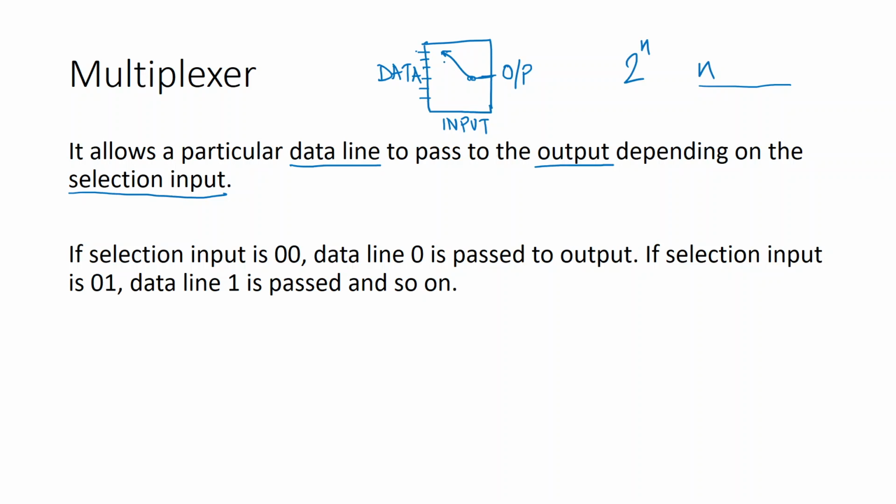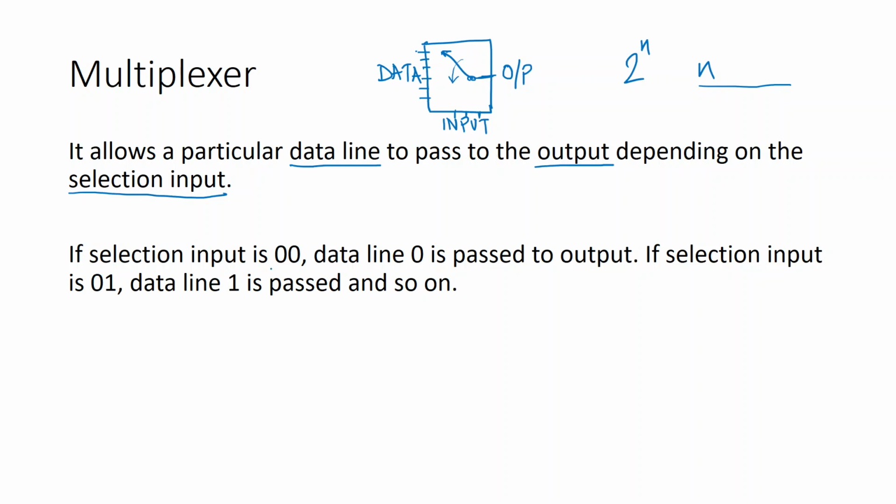It can connect to any of these input points, and that switch is getting operated by these selection pins. Whatever is the combination here, in that manner this switch is getting operated. So you can visualize the multiplexer in this manner.